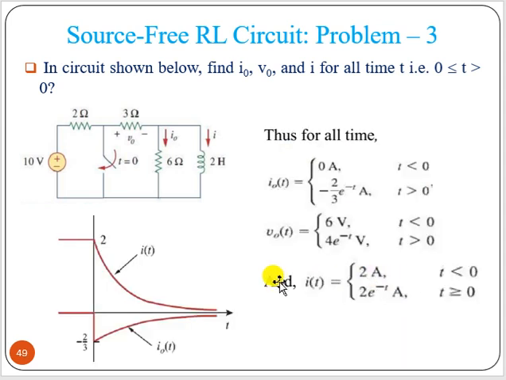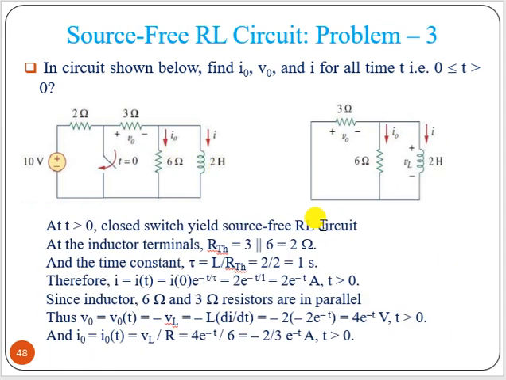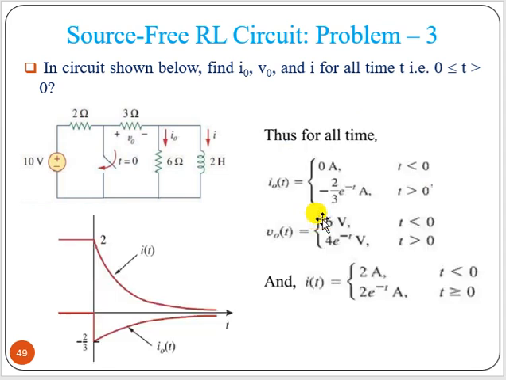So for this circuit, we can see that I0 for t less than 0 is 0 ampere. Why 0 ampere? Because this has no effect, it is short circuit. No current there. All current is flowing through the inductor, because the inductor is short circuited.